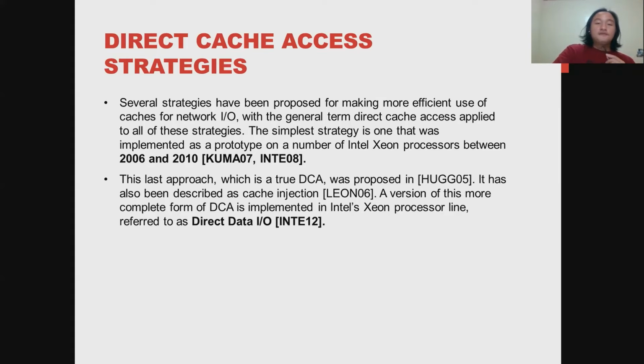Several strategies have been proposed for making more efficient use of cache for input-output. The general term direct cache access is applied to all these strategies. The simplest strategy is one that was implemented as a prototype in a number of Intel Xeon processors between 2006 and 2010, described in KUMA07 and INTE08.